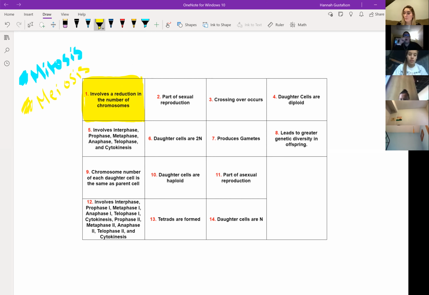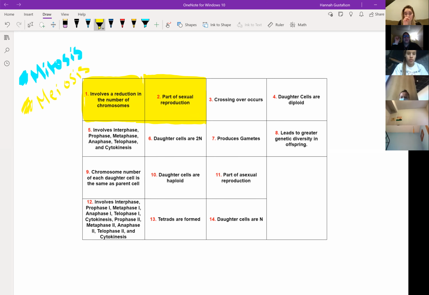Someone, oh, go ahead. So sexual reproduction is actually meiosis. Mitosis is asexual reproduction. So good guesses. That is something you want to review because there will be at least 1 or 2 questions on your test about which one's the sexual versus the asexual reproduction.